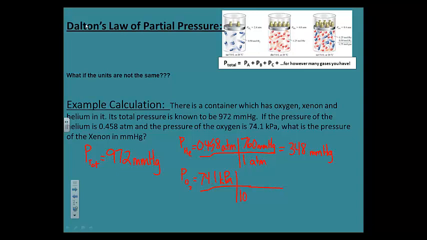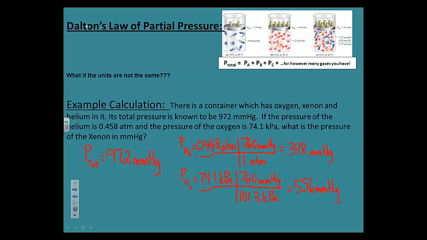I know that for every 101.3 kilopascals, I have 760 millimeters of mercury, because remember, 760 millimeters of mercury is the same as 101.3 kilopascals and the same as 1 atmosphere. 74.1 times 760 divided by 101.3 gives me a value of 556 millimeters of mercury.